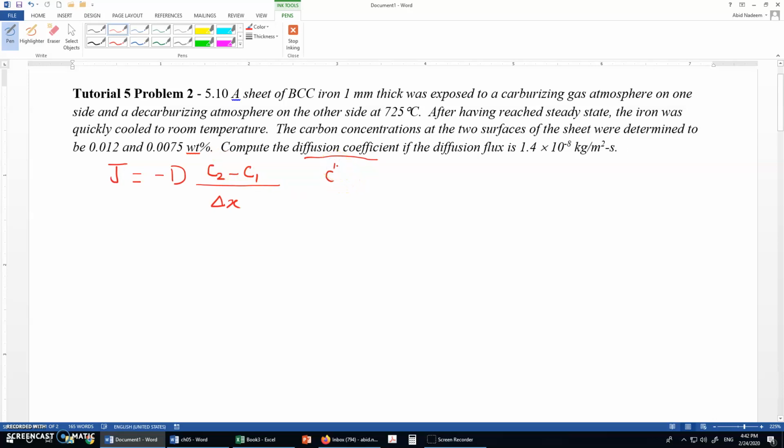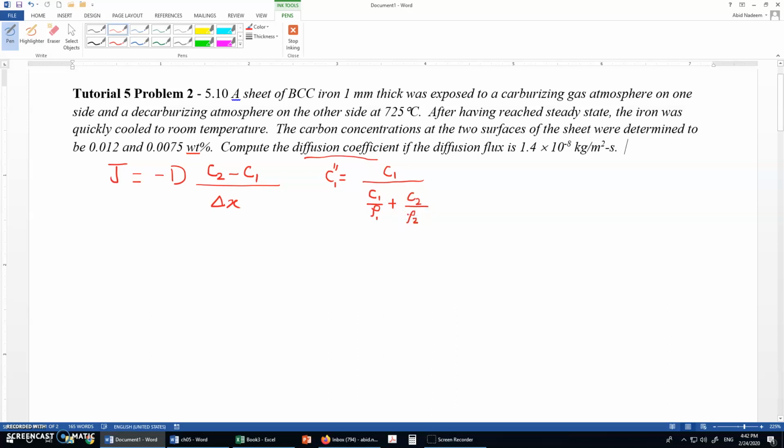We use the notation C double prime, in kilogram per cubic meter, equal to 10^3 divided by (C1 over rho 1 plus C2 over rho 2).